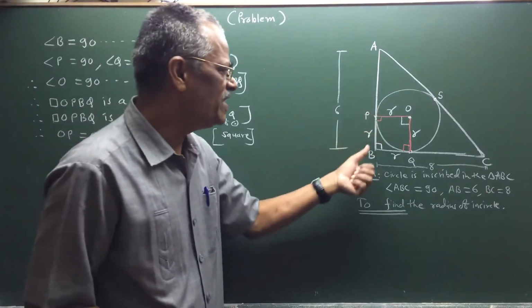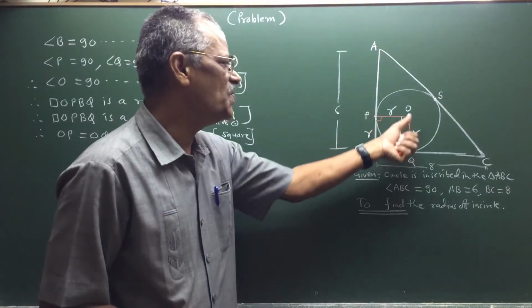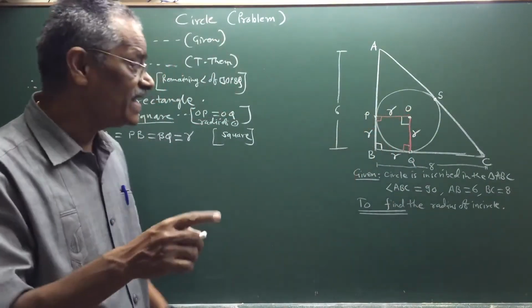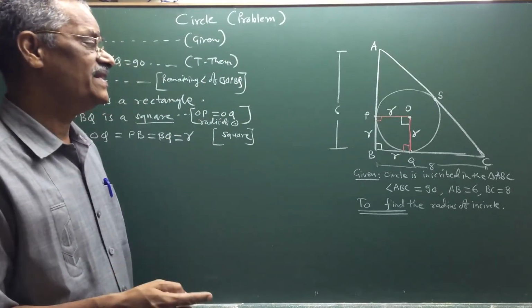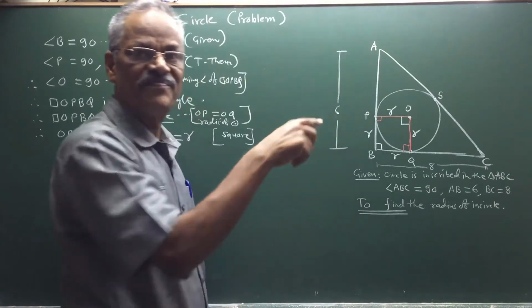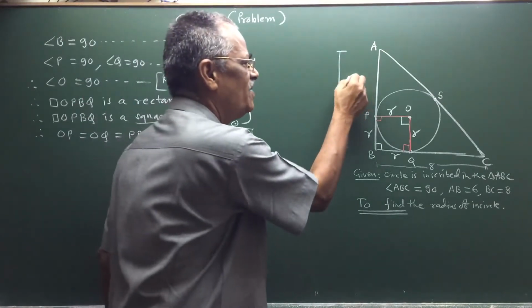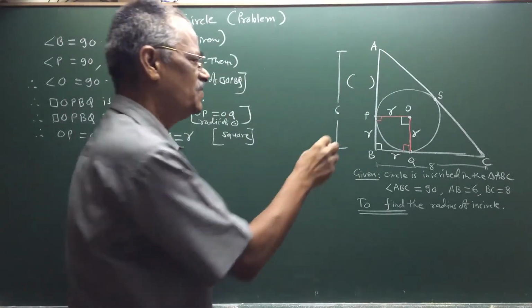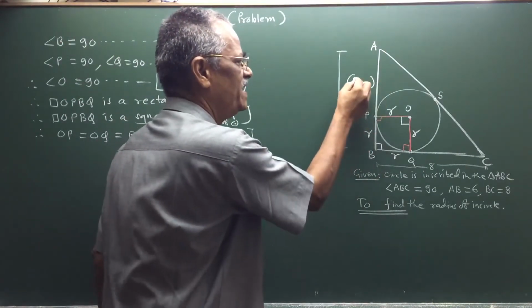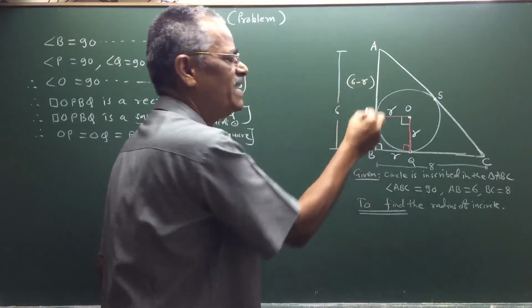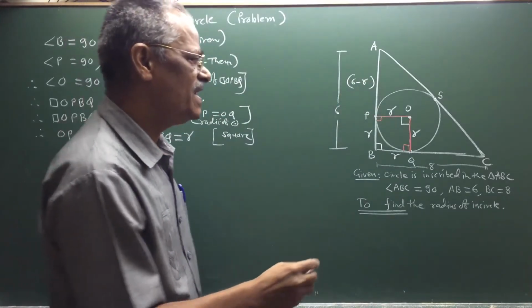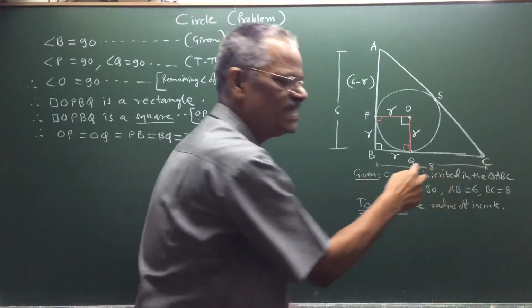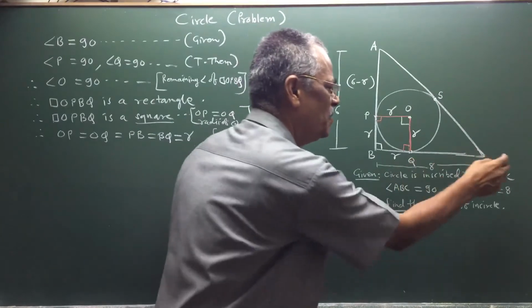When we prove that PBQO is a square, then, very important, this side AB is 6 given, so you can calculate the remaining side. AB total is 6, so the length of AP must be 6 minus R. Similarly, if BC is 8, you can calculate QC.